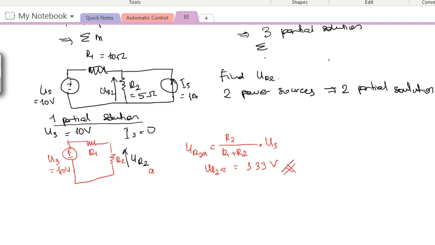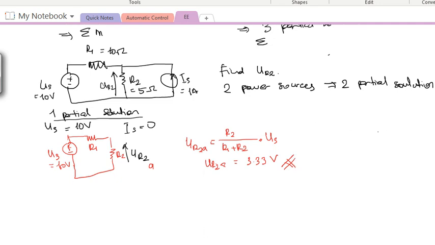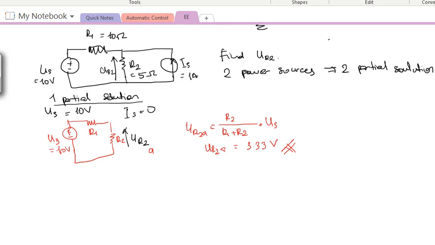Once we've done that, we can go to the next partial solution. The next partial solution is when you turn on IS. So here, I'm going to call it the second partial solution.